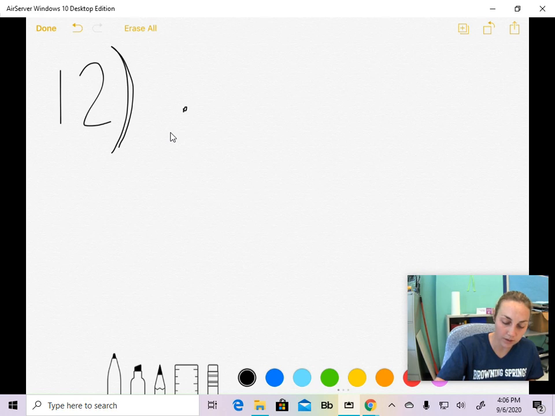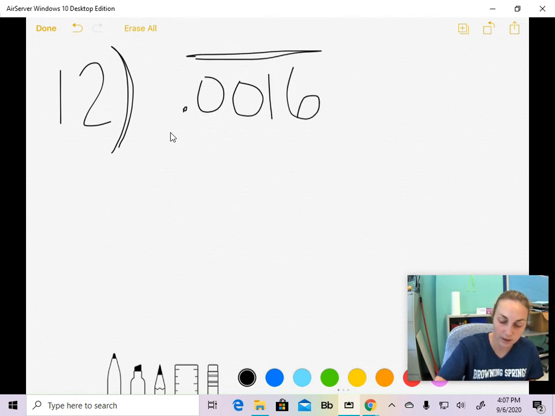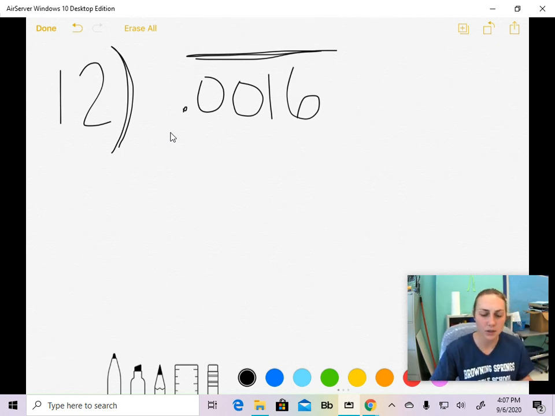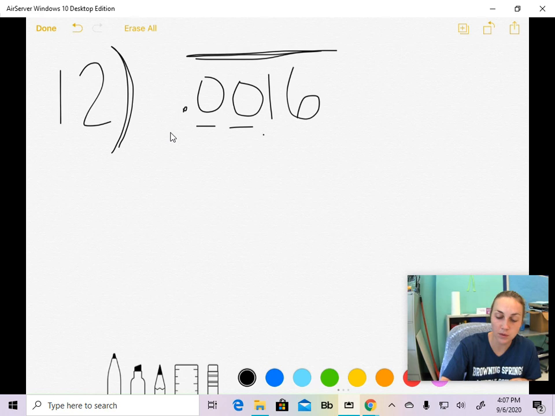So number 12 is 0.0016 repeating. All right. So number 12 is 16 hundred thousandths, but it's repeating. Whenever you see a repeating sign, you have to put nines as the denominator. You see 4 places here, right? 1, 2, 3, 4.